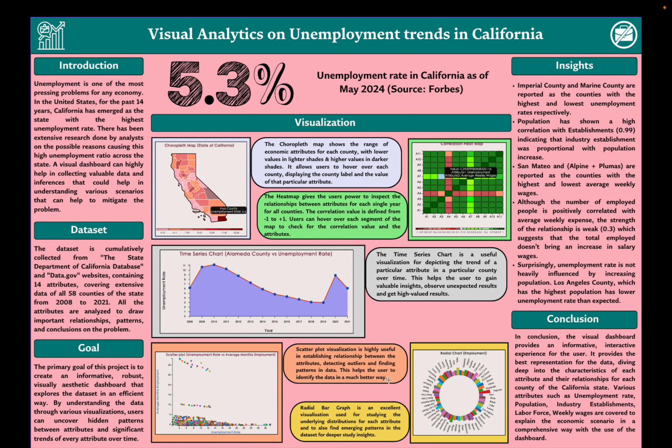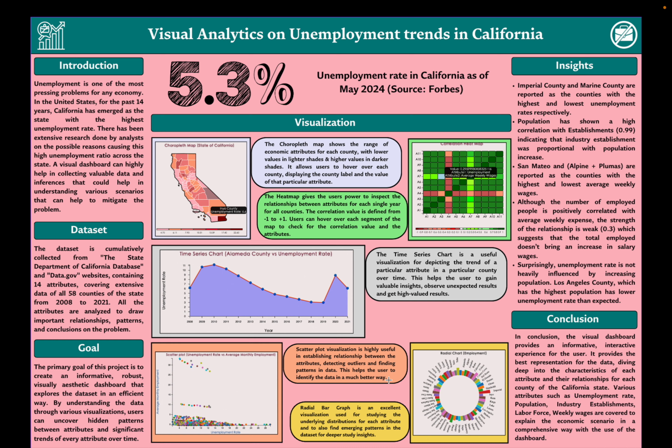Okay, so now I'll tell you about the dataset which we used. The dataset is collected from the State Department of California database and also from websites like data.gov, and we fused these two datasets to give us the final dataset.